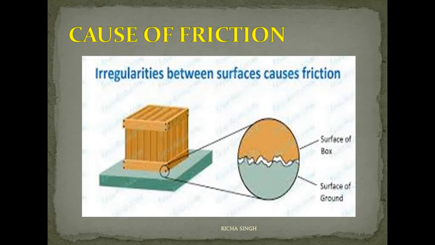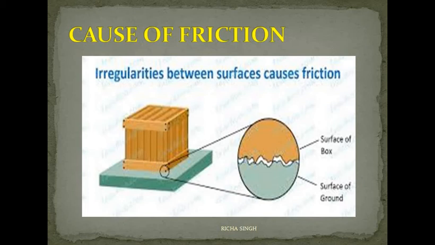Now what causes friction? Why does friction come into action? It is due to the irregularities present between the surfaces which result in friction. Suppose this box is lying here, you can't see the irregularities. If you look, you find it's smooth, no irregularities are present.